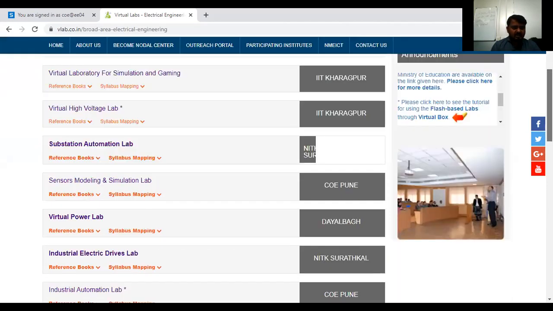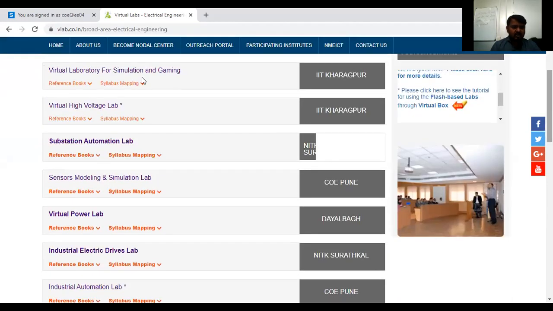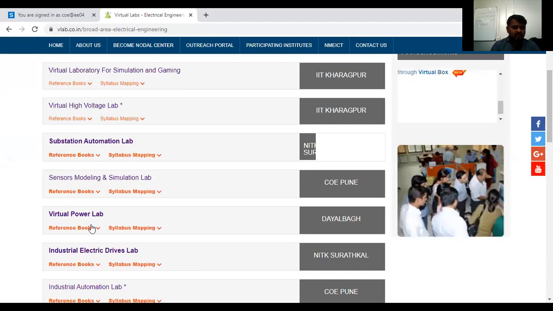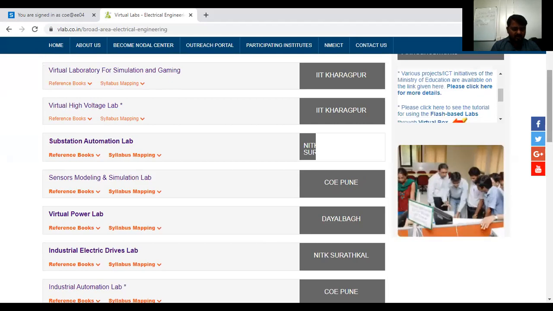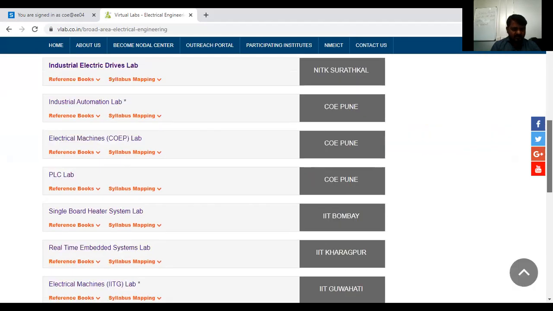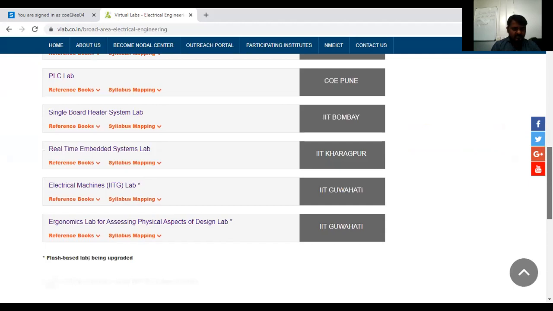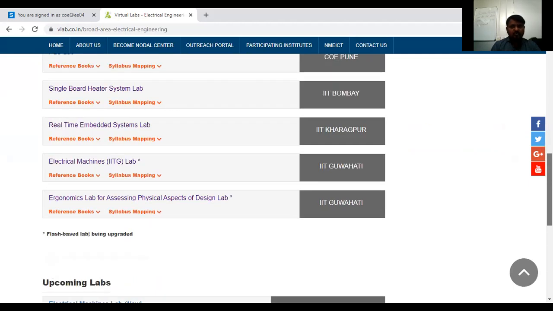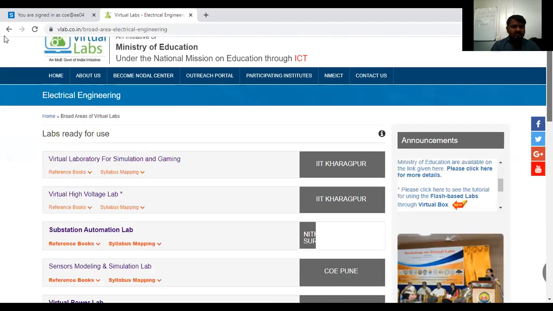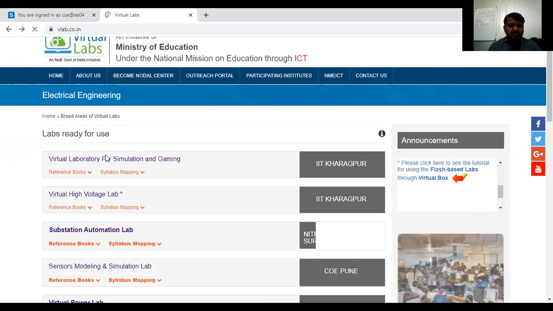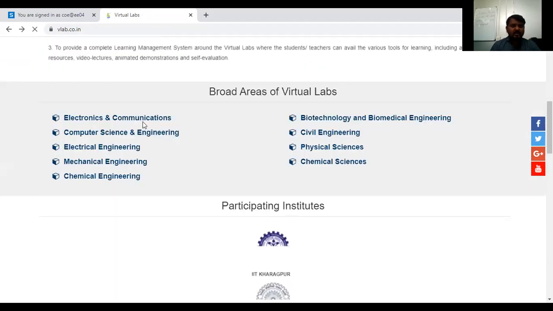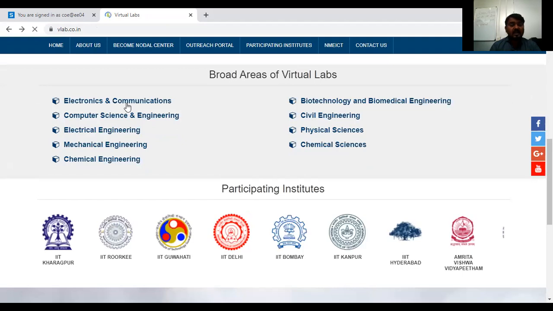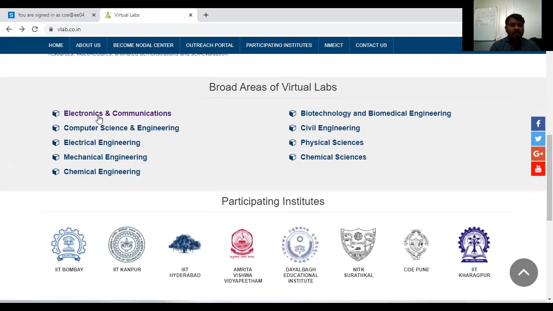Virtual lab for simulation, gaming, automation, virtual power lab, drives lab, like that. Is there any measurement word? No. So instead of searching here, as I told you, electrical measurement and instrumentation is an electronic subject, so you can go to the electronics and communication subject.